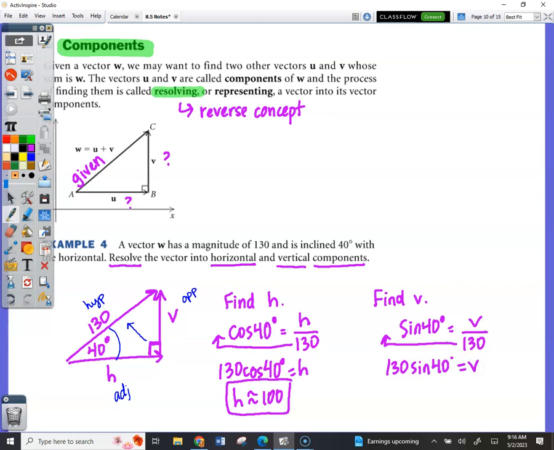Go to your calculator. So if you label them, H and V, then you don't have to go back at the end and say, by the way, the 100 is the horizontal and the 84 is the vertical.